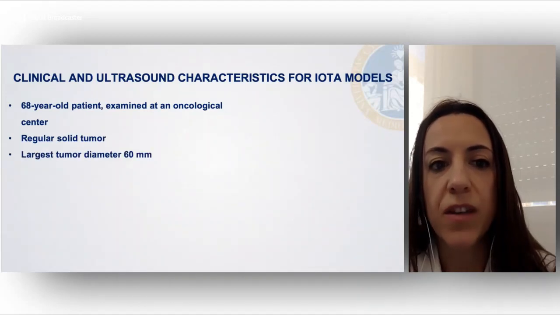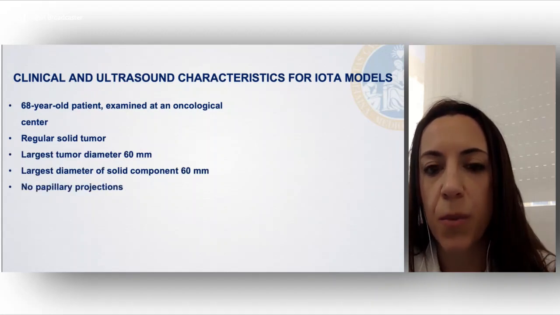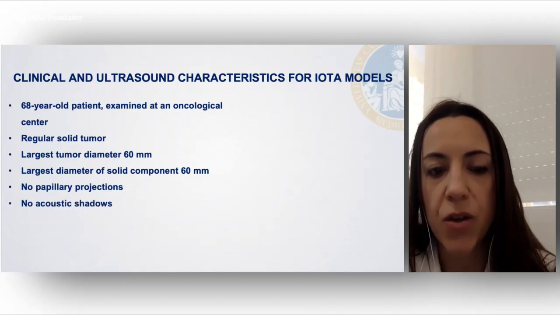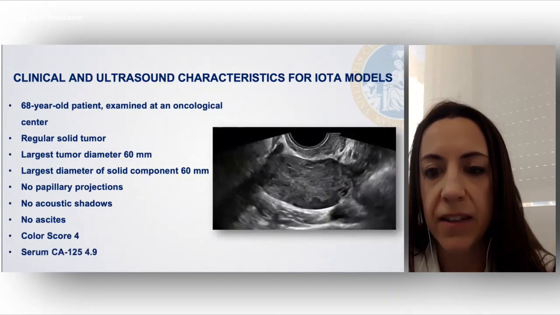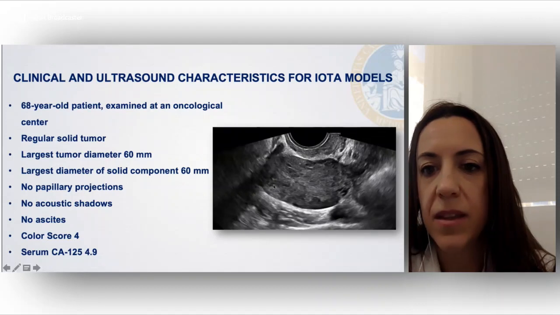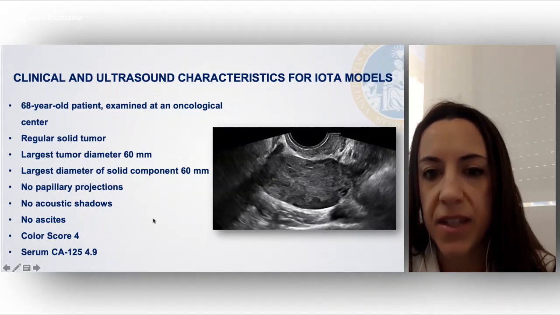A 68-year-old patient with solid tumor. The largest tumor diameter was 60 millimeters and the large solid component as well. No projection, no shadowing, no ascites. We don't need the color score to apply the Adnexal model, and the CA125 was negative. This is the lesion, and these are the clinical ultrasound characteristics.